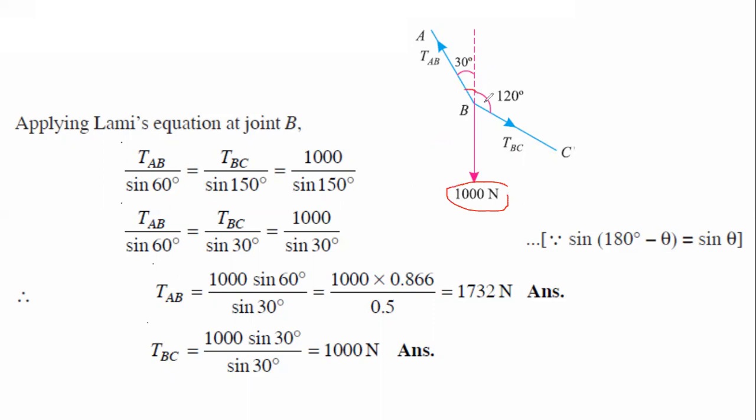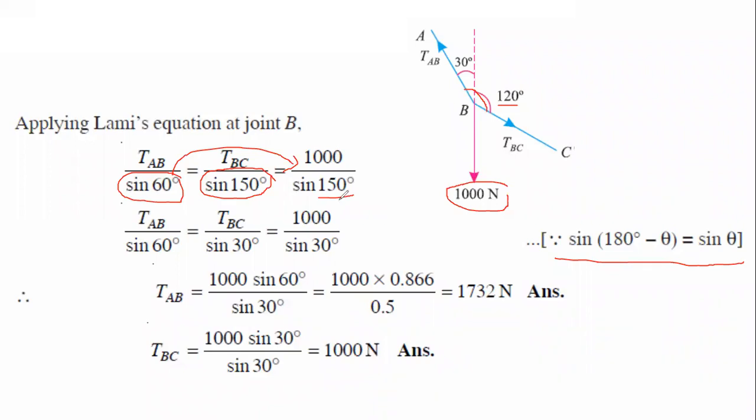The opposite side angle is 30 plus this 120, which becomes 150 degrees. Now taking this term to this side, sine 60 is multiplied with this 1000 and divided by sine 150.